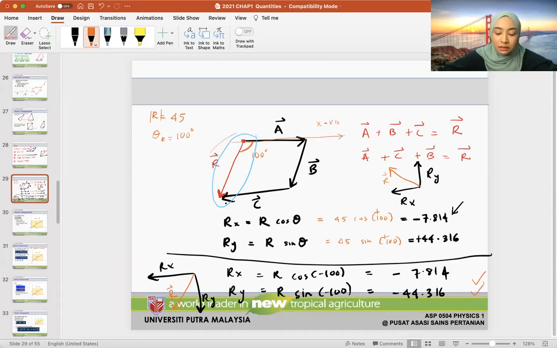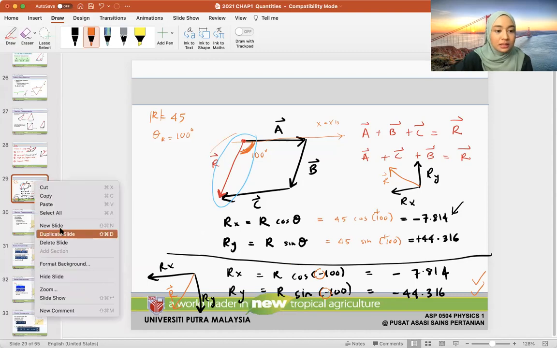And remember, with a vector, if the direction is wrong, it is totally wrong. It's not the same thing. A vector must be equal in terms of magnitude and also in terms of direction. So with that said, if the angle of your vector is below the x-axis, you need to put the negative sign. Okay, so that's one thing.